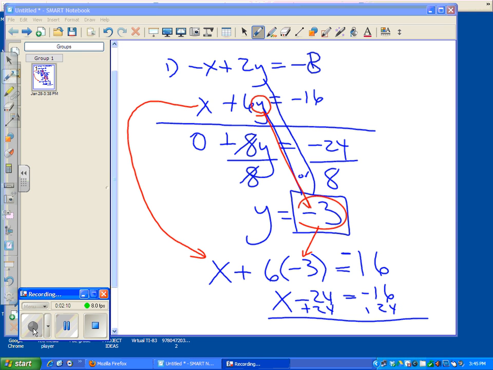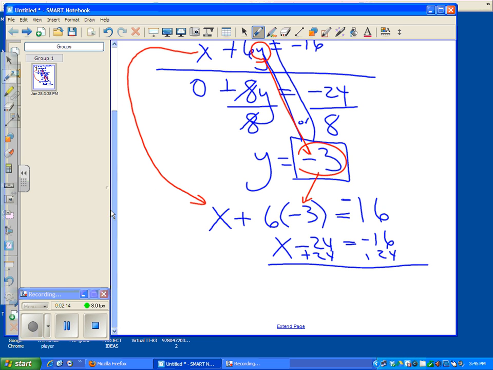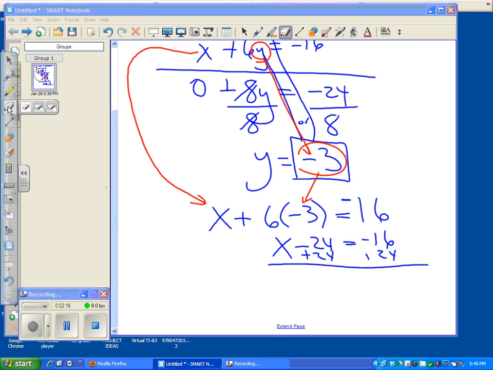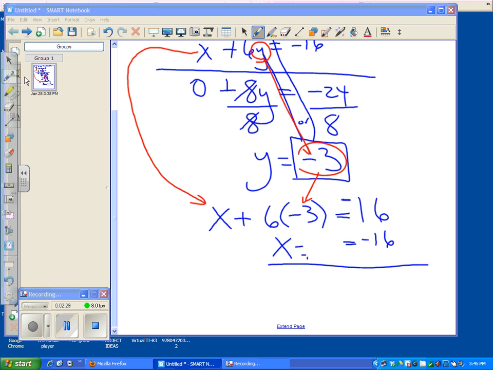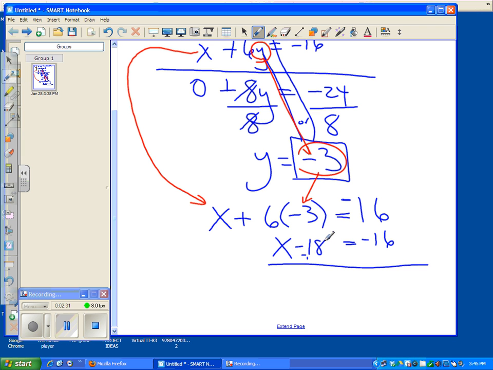Okay, for you smarty pants out there, you may have noticed that I multiplied incorrectly, that my answer is not 24, it should be 18. Okay, 18, and that's a math error. So let's go over here, fix that right now. 6 times 3 is a negative 18, plus 18, plus 18, and x is equal to 2.